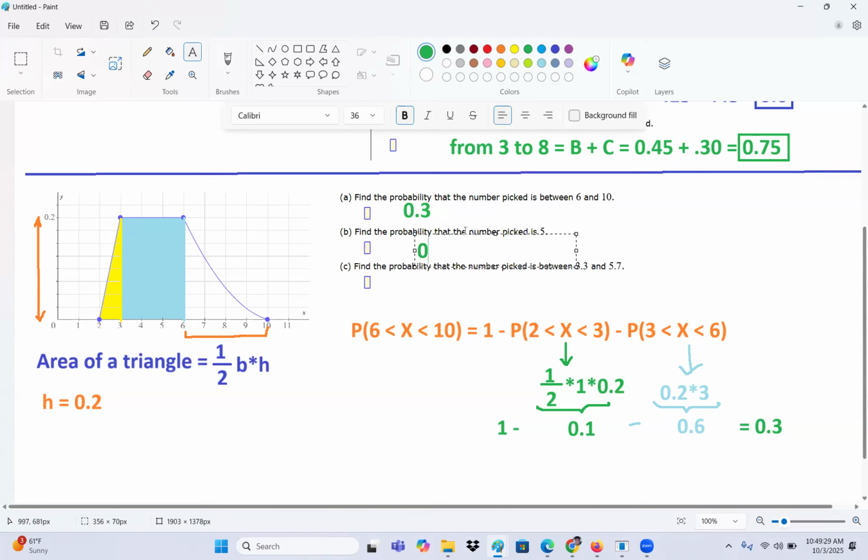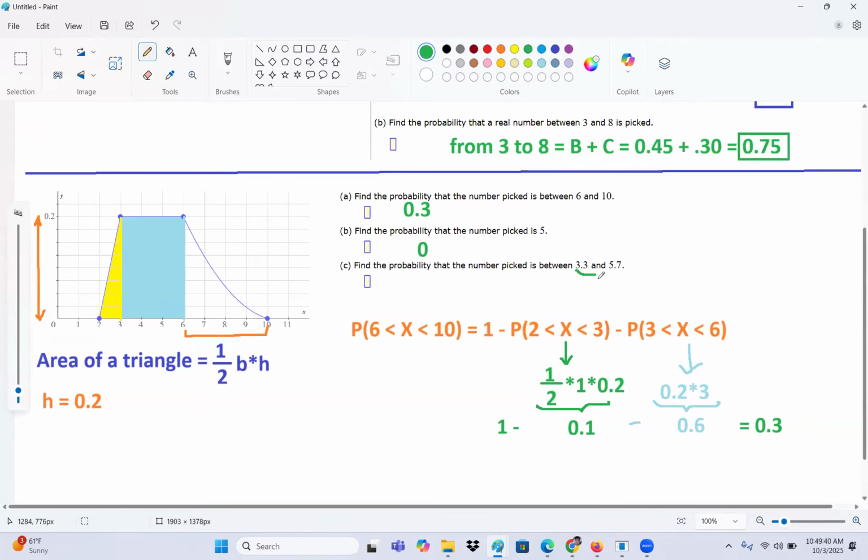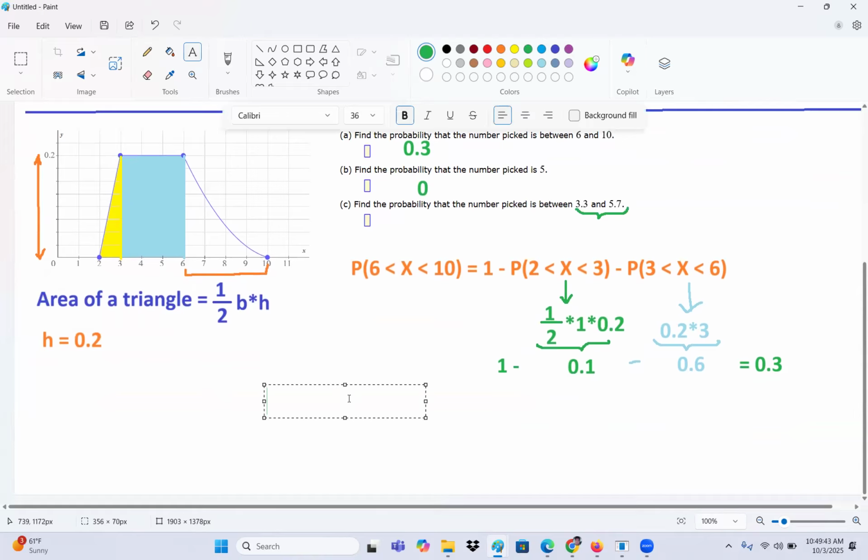So for part A it was 0.3, for part B any specific point is 0.